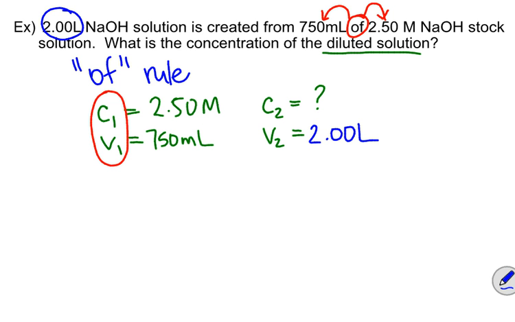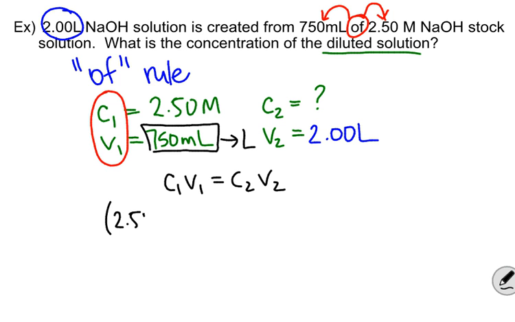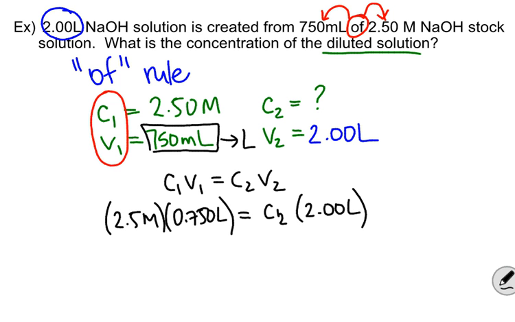So now once we have what's given to us in the problem and what we need to find, we plug in our numbers. So C1V1 equals C2V2. What you have to remember is always convert and have your units consistent. So we have to convert this to just liters. So when I do that, I get 2.5 molar times 0.750 liters equals C2, which I'm trying to find, times 2.00 liters.